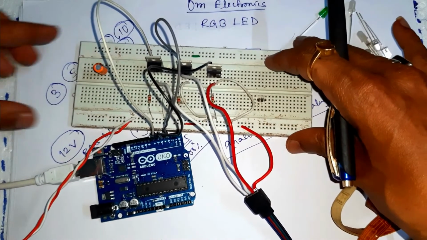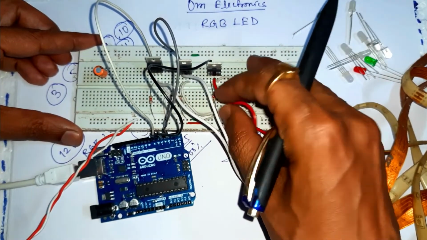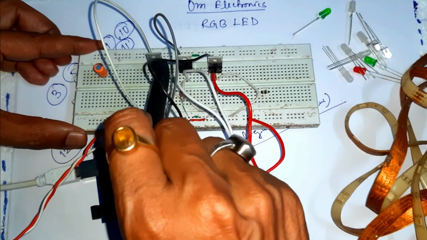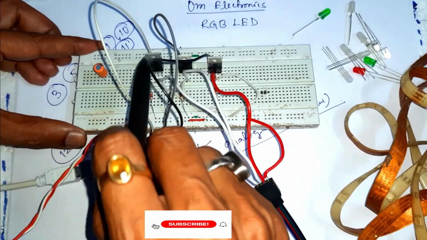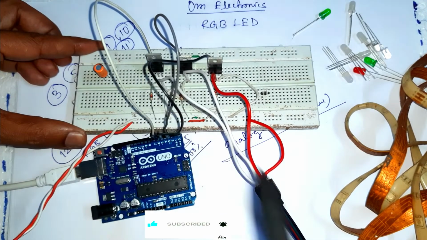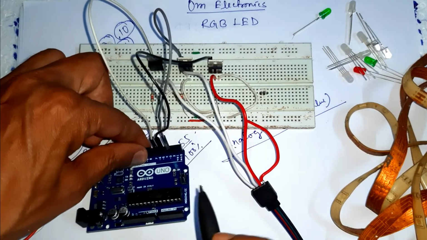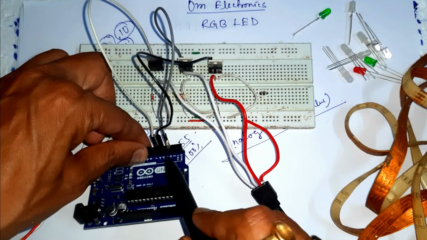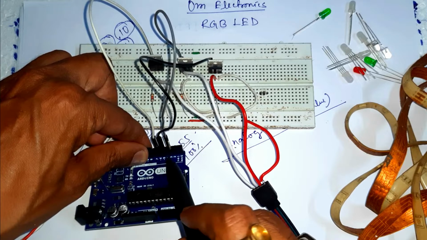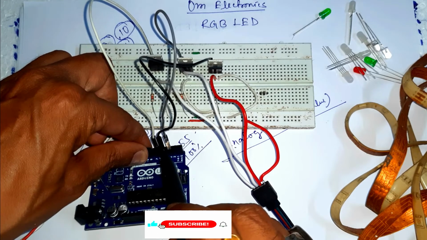Here we connect as per the circuit diagram. These are the MOSFETs IRFZ44N, and these are the 3 pins of Arduino for green, blue, red: pin number 6, pin number 5 and 3.